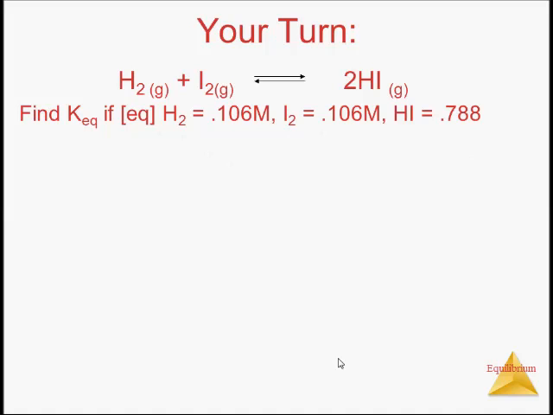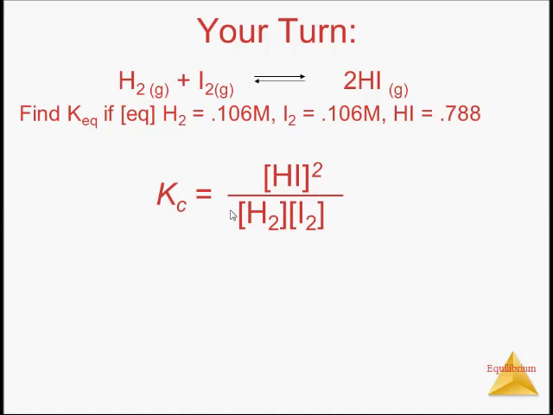Finally, let's look at an example where we actually have some numbers. So here we have a reversible reaction with hydrogen and iodine. So there's our balanced equation. So pause the video now and write your equilibrium expression for this reaction. Alright, so let's check to make sure you have that written correctly. You should have KEQ or KC equals, and again, make sure you have the square brackets.